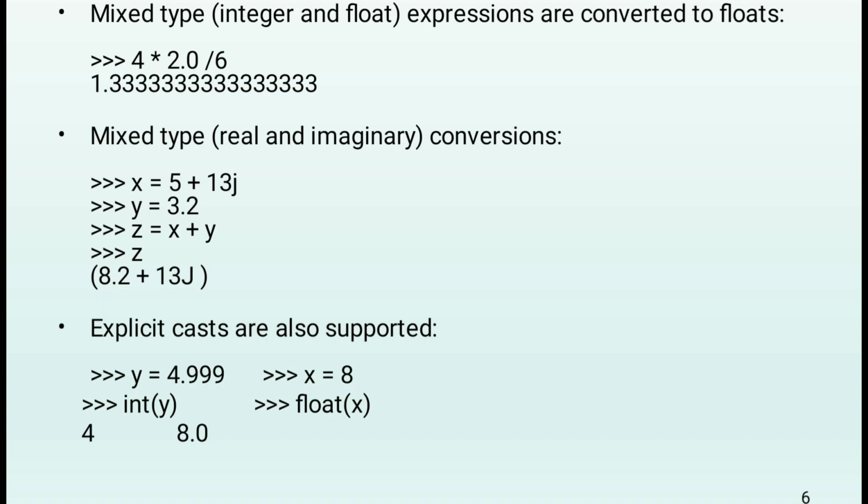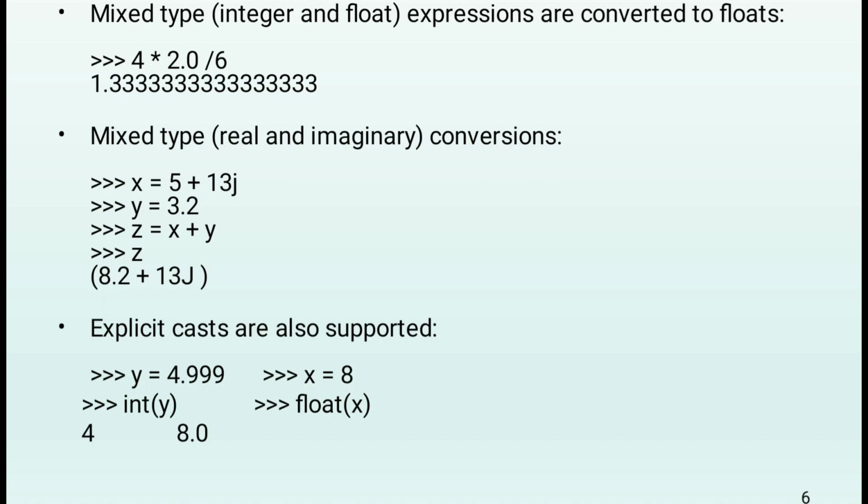Similarly, x is equal to 8. Suppose you want to use the variable x as a floating value, then you can use float of x, which is equal to 8.0. This will be used when you are finding grade values or average values, when you are performing the sum of a few numbers and finding the average. At that time you can use either of these data types, int or float.